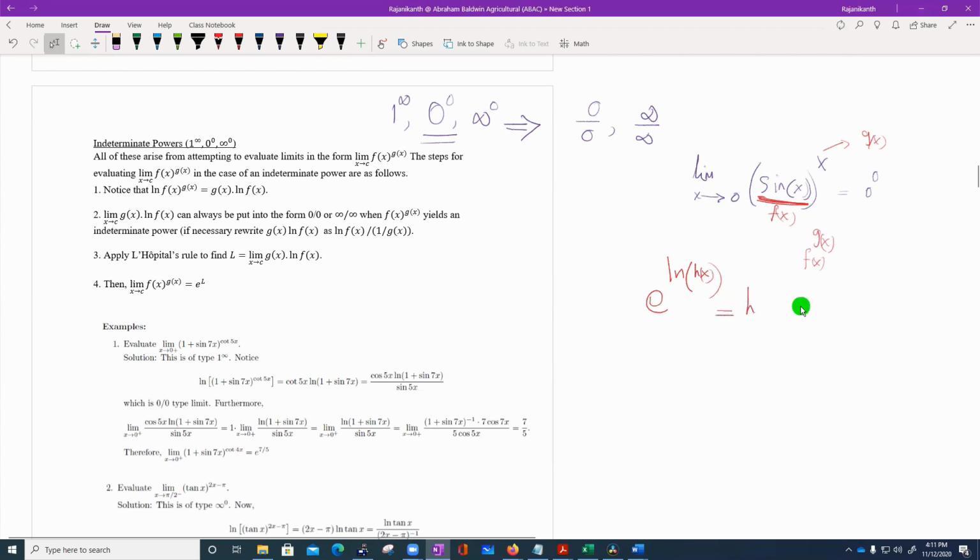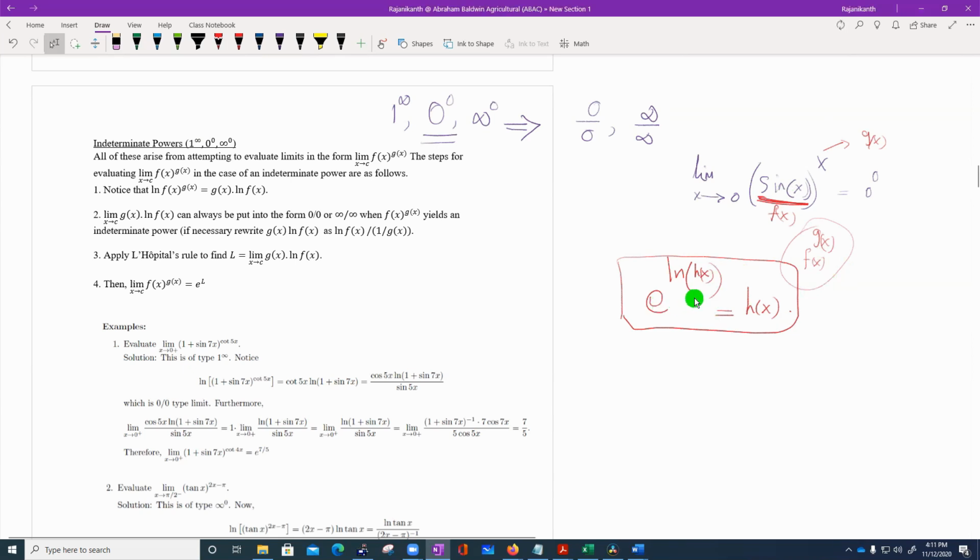This is one major general property of the exponential function. The exponential of any ln function is always going to be the inside function. Okay. So if you use this property, you could think of f to the power g as a new function that equals h(x).